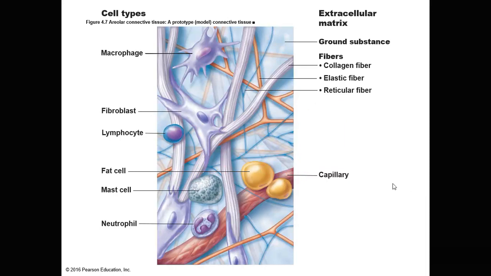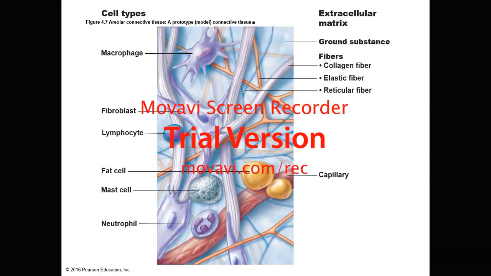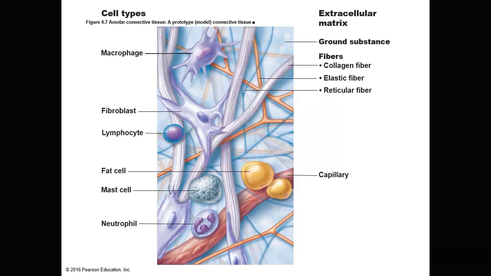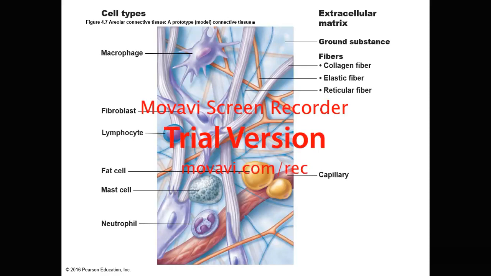This is a diagram of areolar connective tissue. Areolar gets its name from its airy appearance. And again, this slide looks more purple than what it normally looks. Normally the slide looks more pinkish, but it has a spacey, airy appearance.